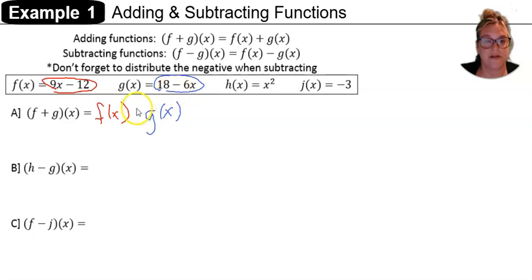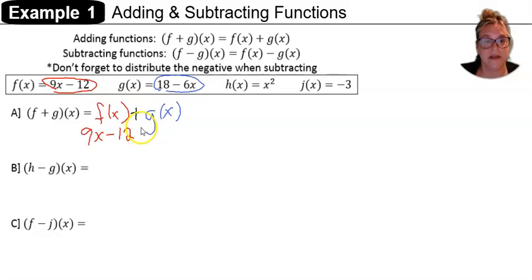So our operation is addition. Okay, so I'm going to substitute in 9x minus 12 in place of this function notation for f of x, because that's what f of x equals. So this is the same as 9x minus 12.